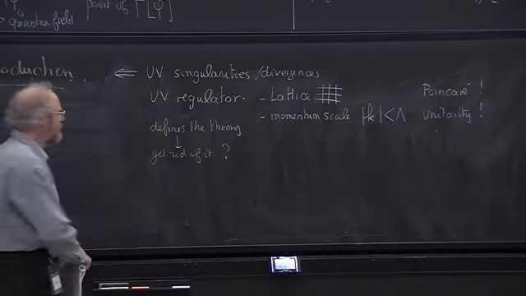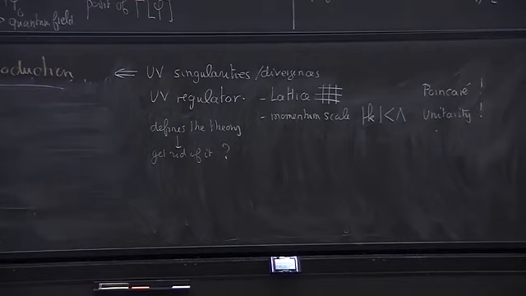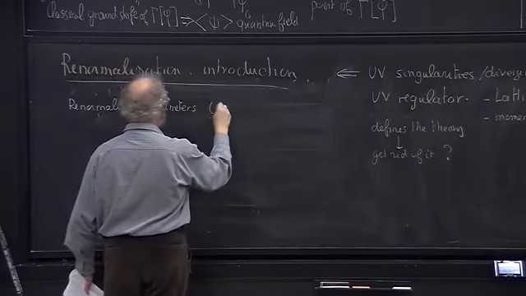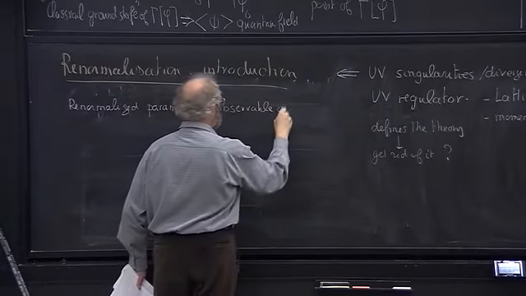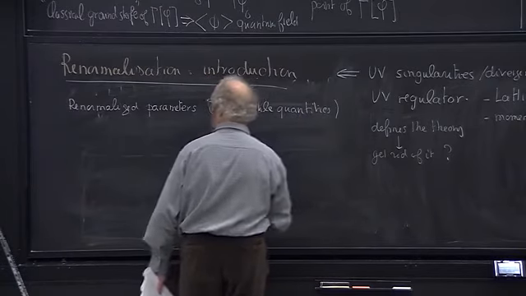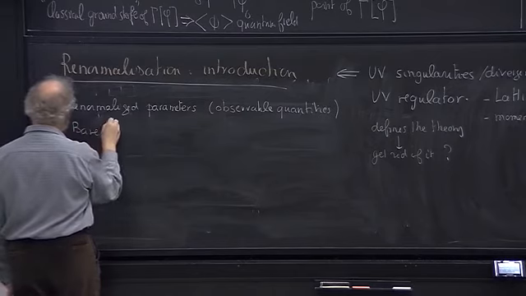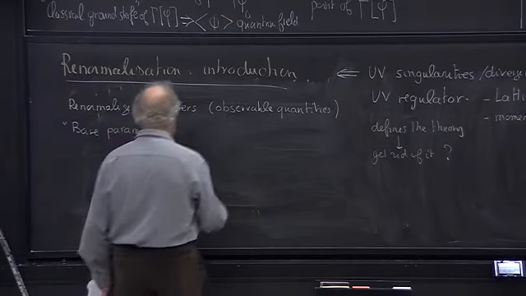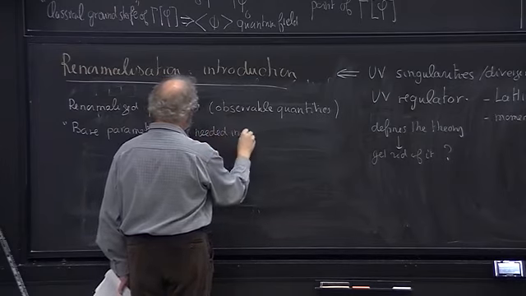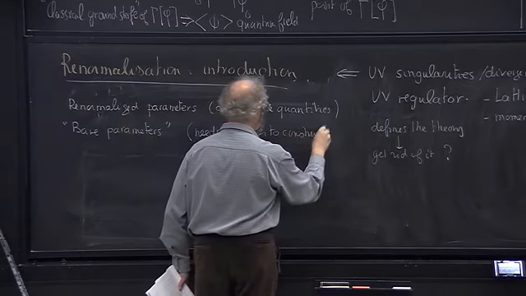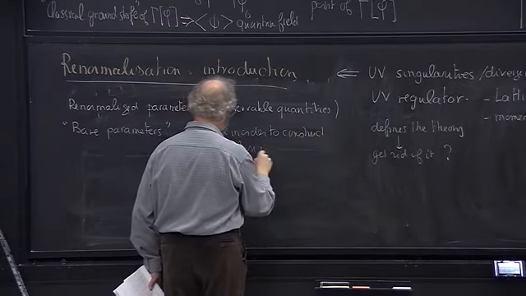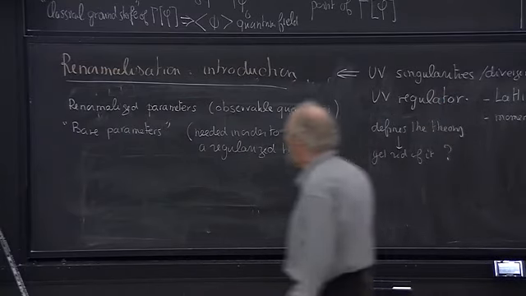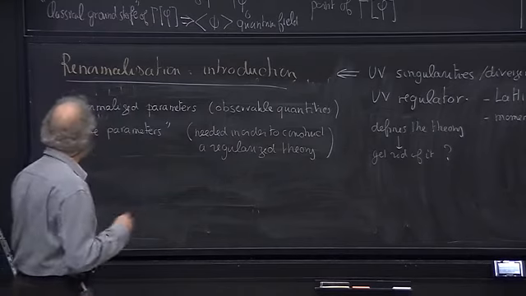So there is a difference between what's called the renormalized parameters, which correspond to observable quantities, and what is often called the bare parameters, although I don't like this very much, which are the parameters that are needed in order to construct a regularized theory.